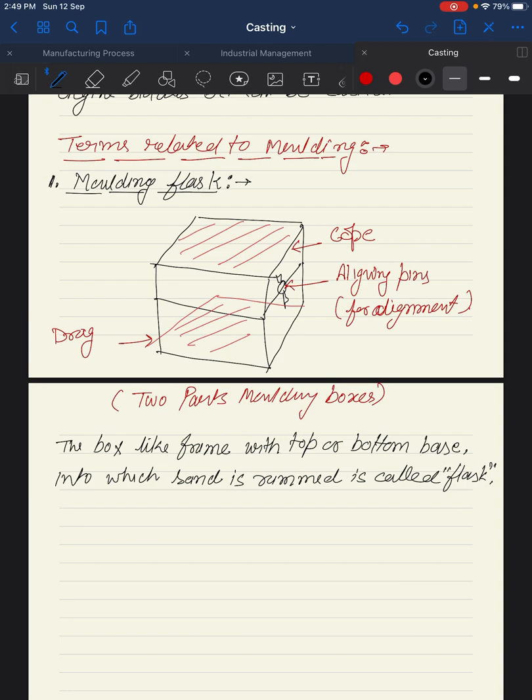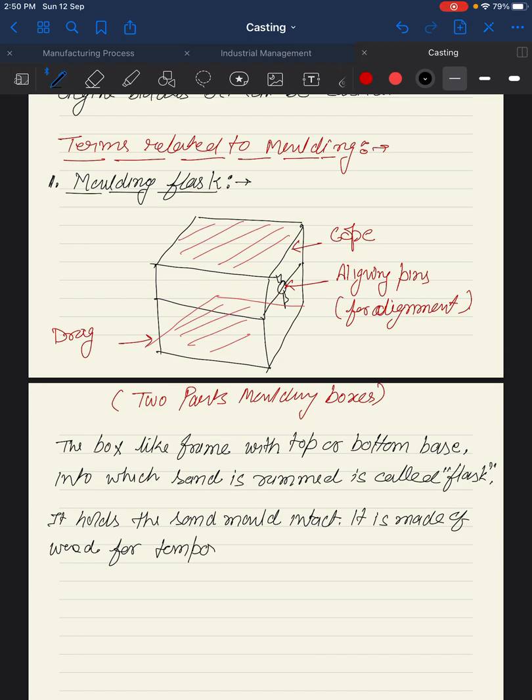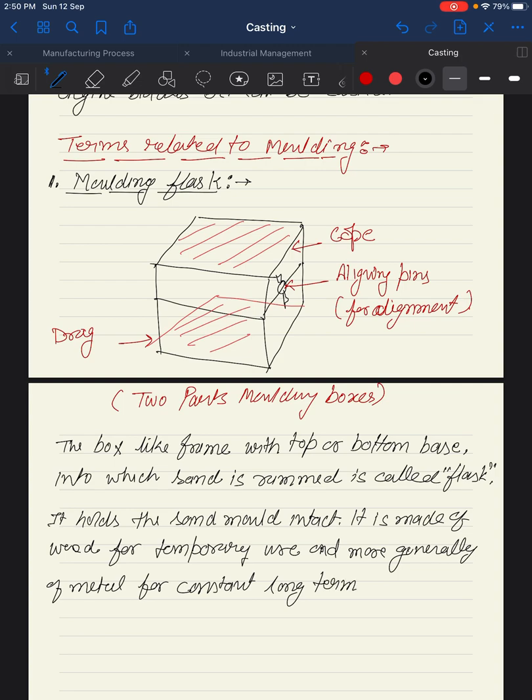Okay, it holds the sand mold intact. It is made of wood for temporary use and more generally of metal for constant long term use.